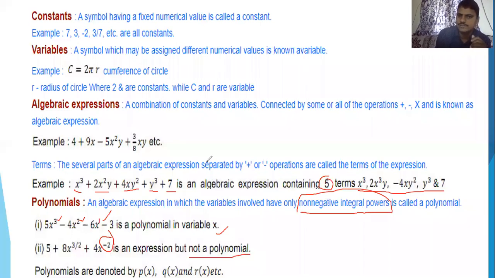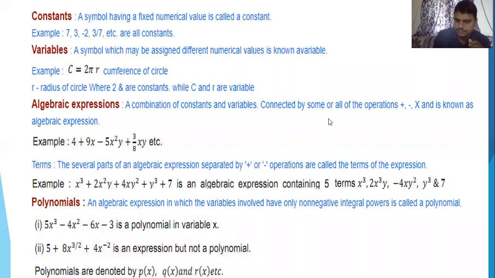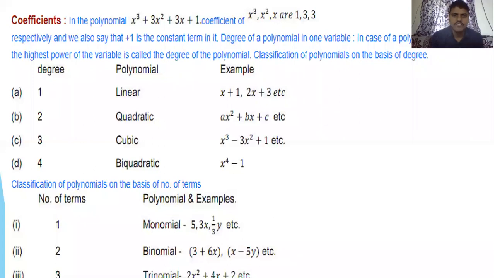Okay, children. Now, coefficient. Samita, please read. In the polynomial x cube plus 3x square plus 3x plus 1, the coefficients of x cube, x square, x are 1, 3, 3.